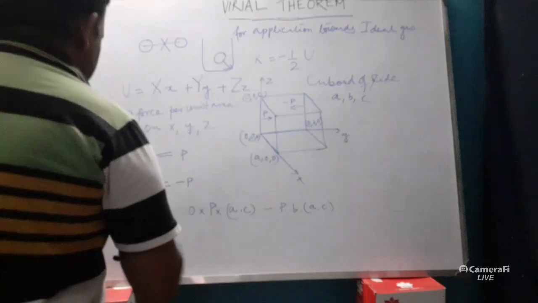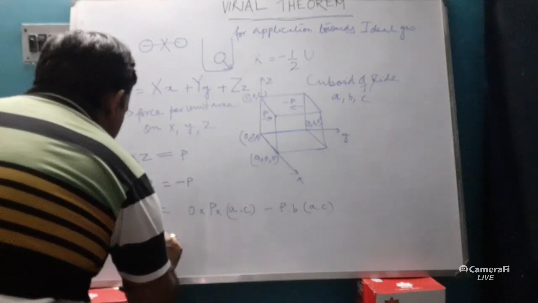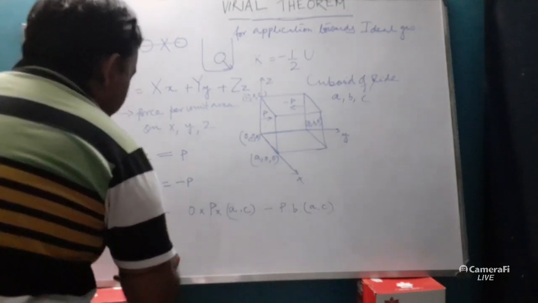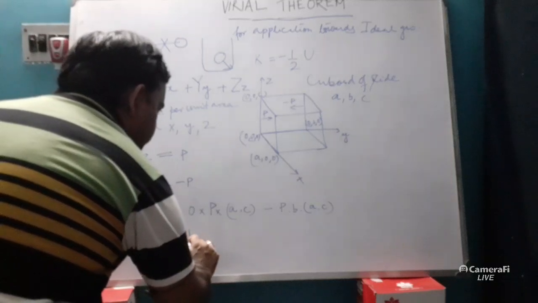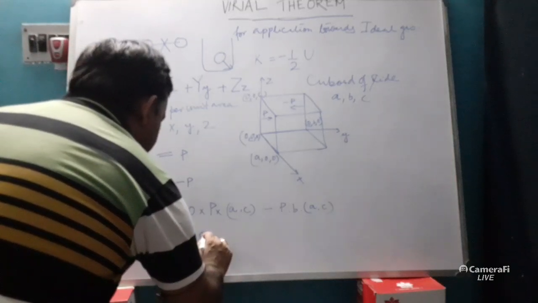So small y capital Y is equal to minus P ABC.